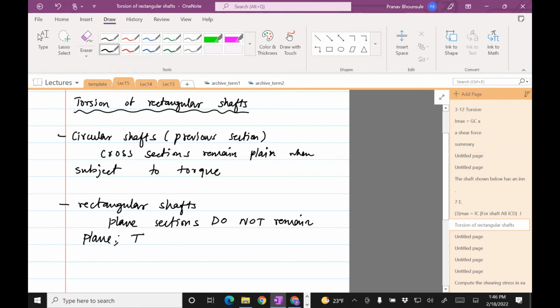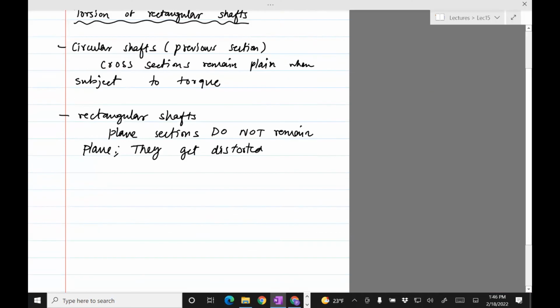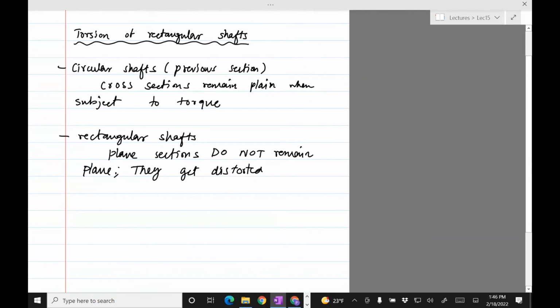So they get distorted. An example, this is kind of hard to draw, but let me try. If you have a shaft which is rectangular, and you twist it or torque it.